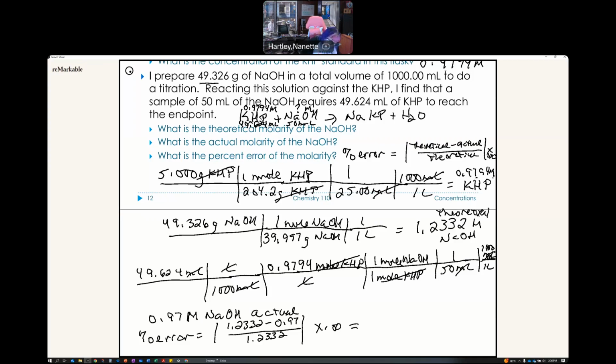And that gives me 21. And again, 2 sig figs in this number right here, so that leaves me with 2 sig figs in my answer. 21% error.